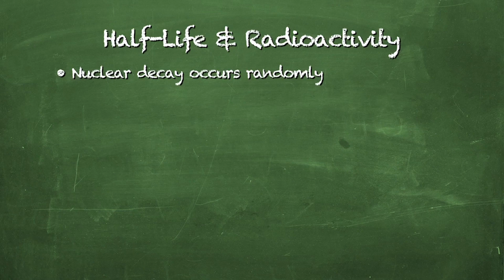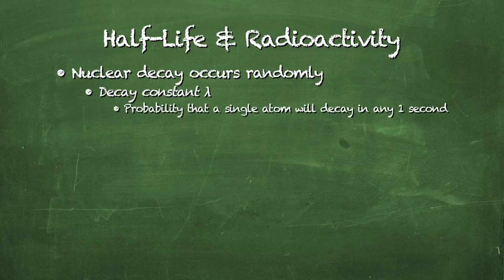So all we can talk about is the probability that a single atom will decay at any time. That gives us the decay constant, which is represented by a lowercase Greek lambda. And the decay constant lambda is the probability that any single atom will decay in any 1 second period.